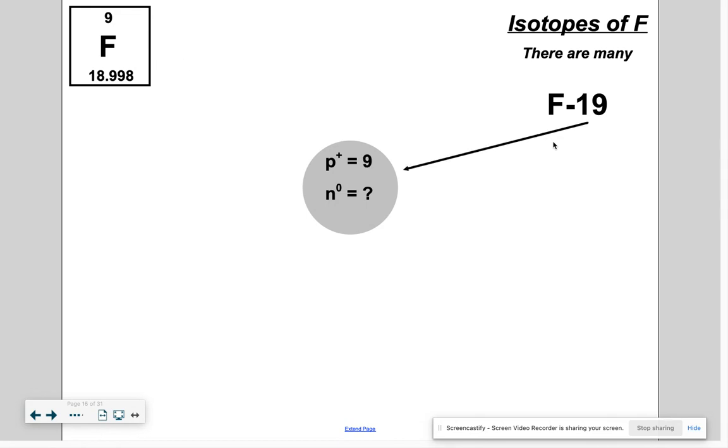The mass number that we are dealing with is fluorine-19, right? So what plus 9 equals 19? Because remember, 19 tells us that there must be 19 nucleons in this nucleus. And we already know that 9 of those nucleons are protons, so we know we must need 10 neutrons to bring it up to 19 nucleons.